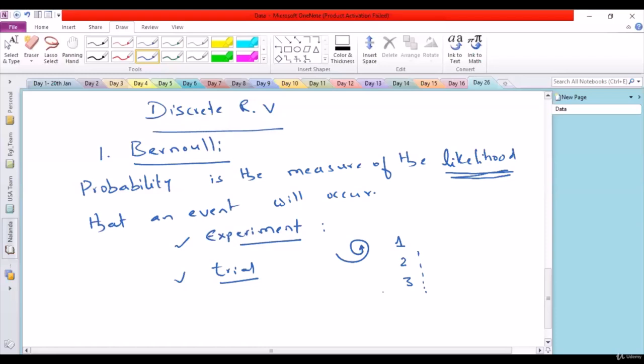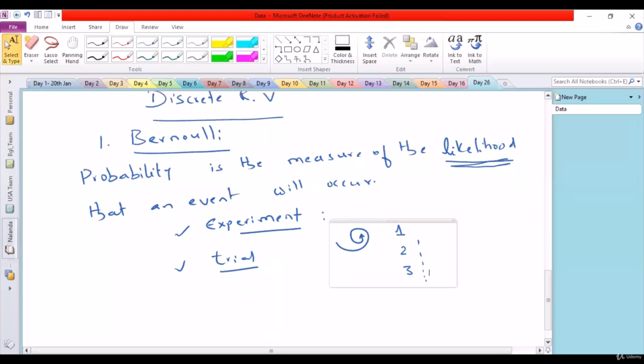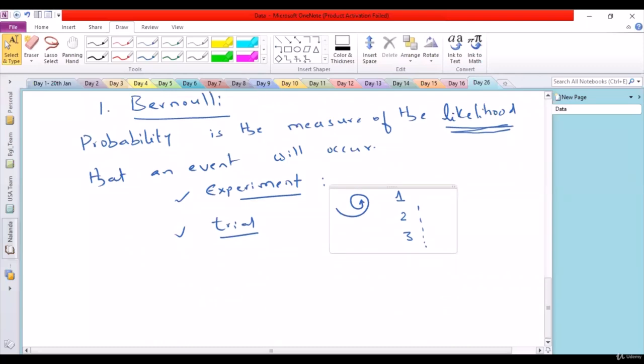Bernoulli always represents either success or failure. Let me write it down for you so that you remember. I'm defining X. X is a discrete random variable.